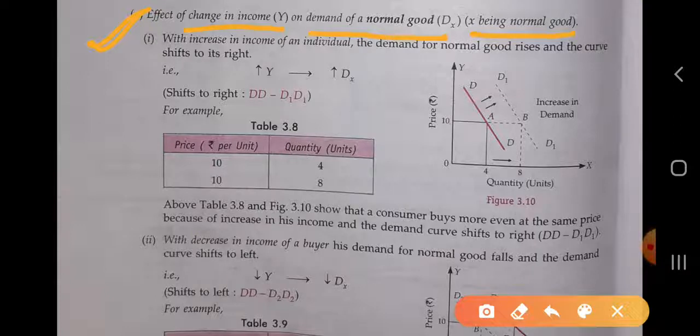Income is shown by Y, and the demand is for the X commodity. With the increase in the income of an individual, the demand for the normal good rises, and the curve shifts to the right.